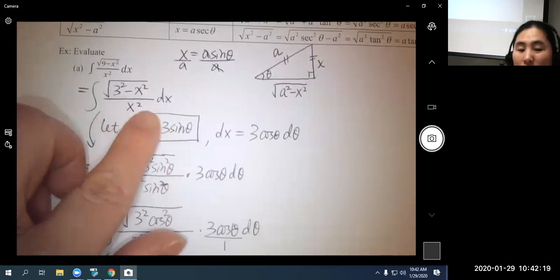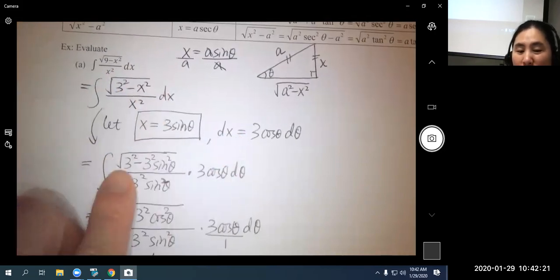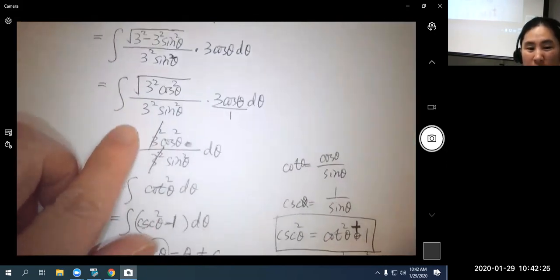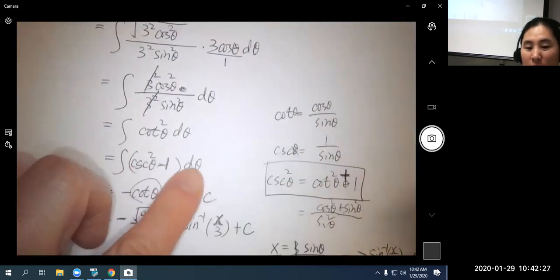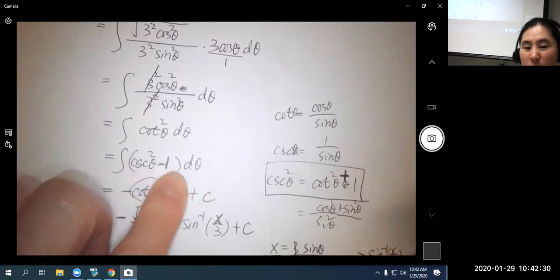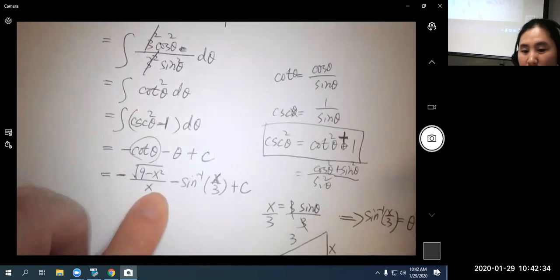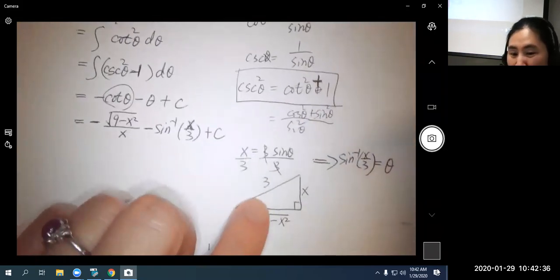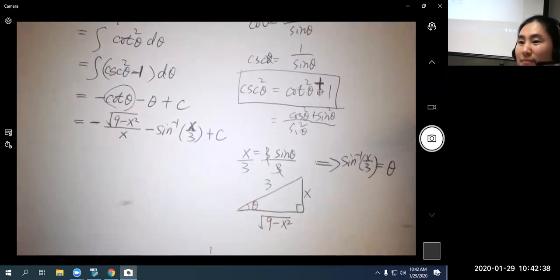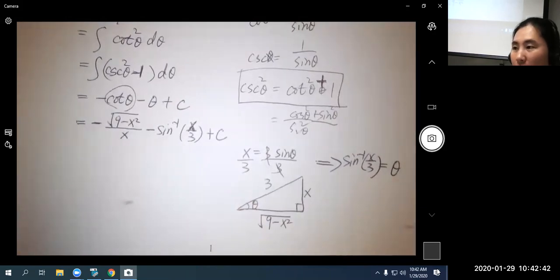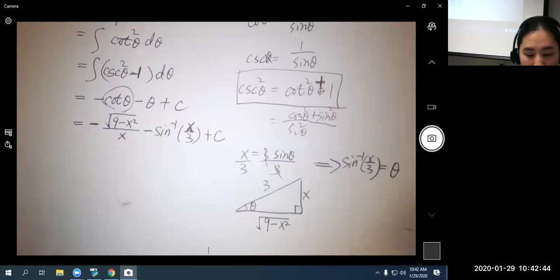Then do calculations, rewrite the previous integral in terms of a new integral in terms of trig. Simplify, find the antiderivative, then back substitute by using the right triangle. What do you feel? It's okay, right? So this is the first case.